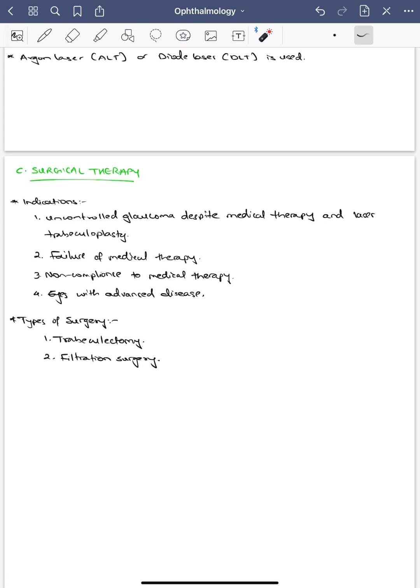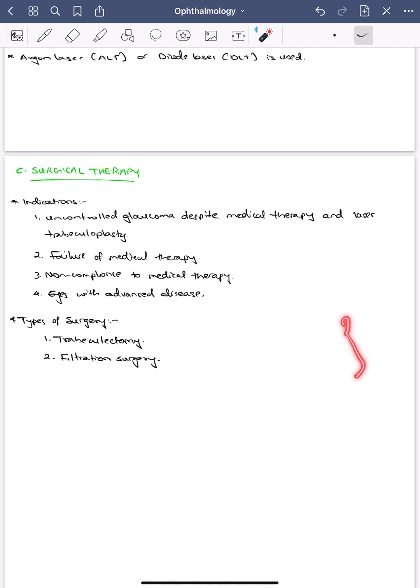Then we discussed the signs and symptoms. Now symptoms, it is usually asymptomatic unless significant visual loss has occurred. Then we discussed the signs. The important signs are the anterior segment signs, which are normal, then the IOP changes, then the third is the glaucomatous optic nerve head changes, where we discuss the early, the advanced, and the glaucomatous optic atrophy.